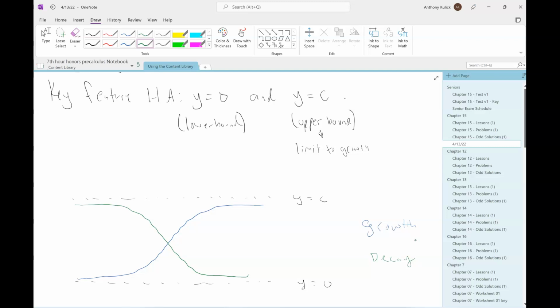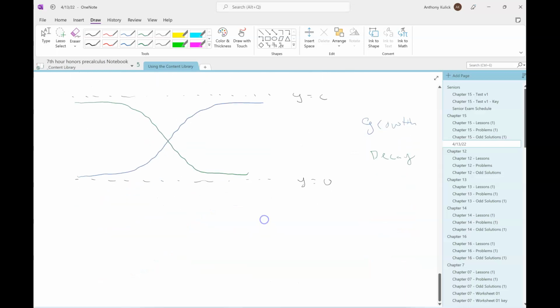Everybody's cool? So let's just do a couple of simple examples here to get our feel around the notation involving these logistics.